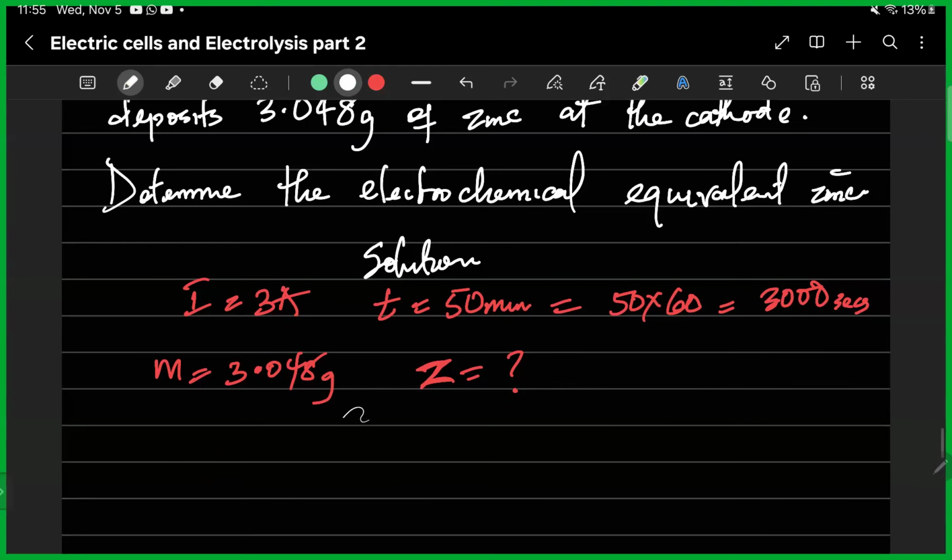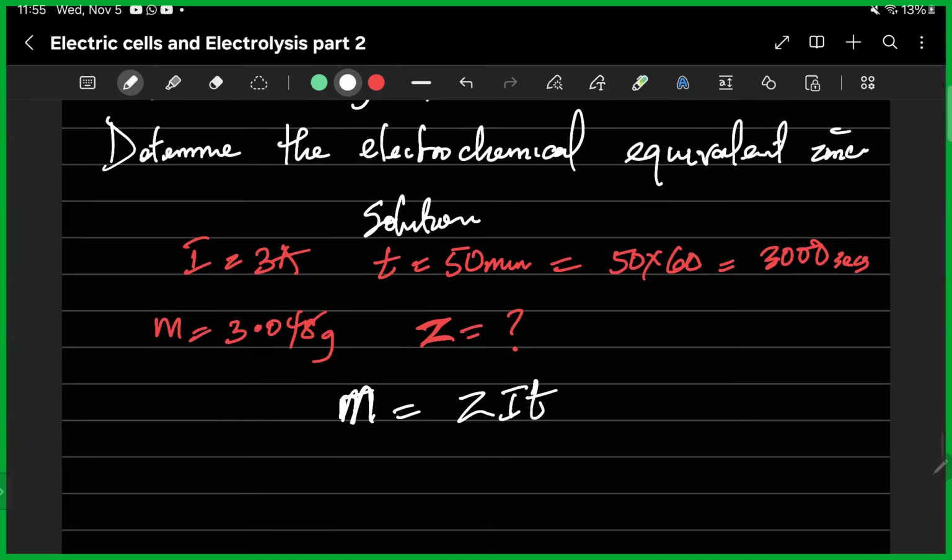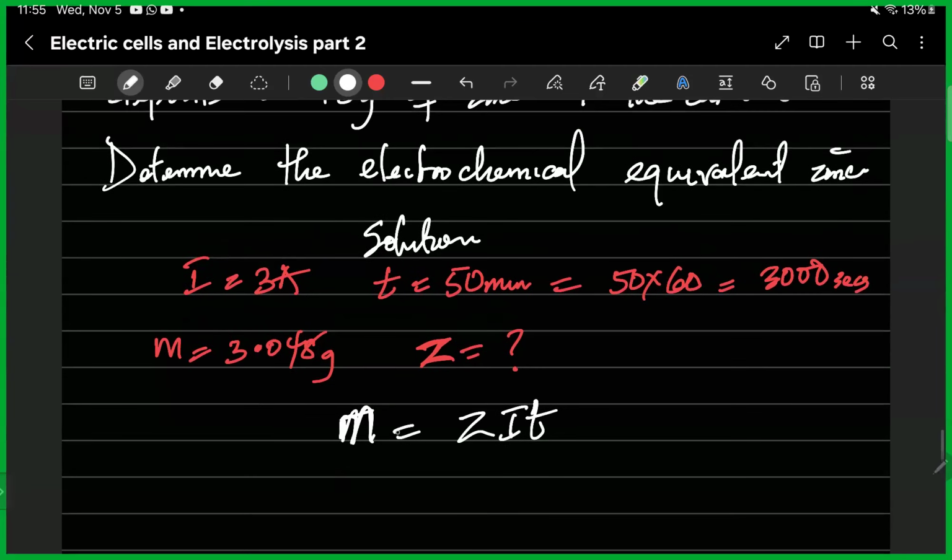Let's recall, M equal to ZIT, so what we are looking for is Z. Z equal to M over IT.